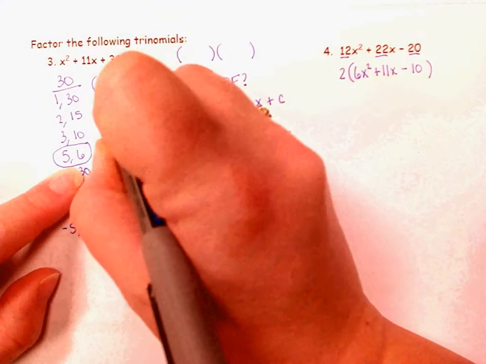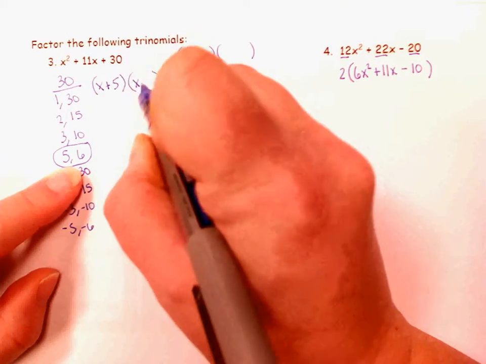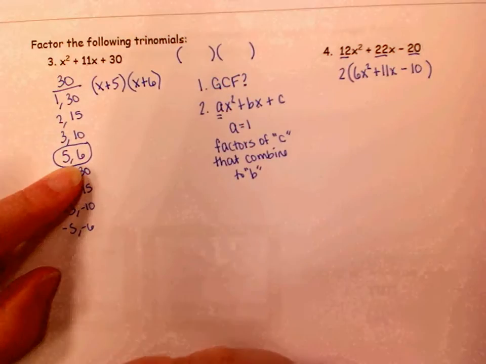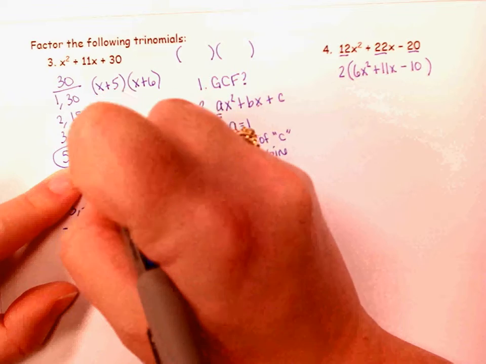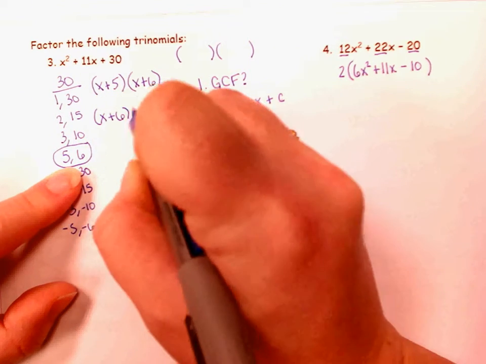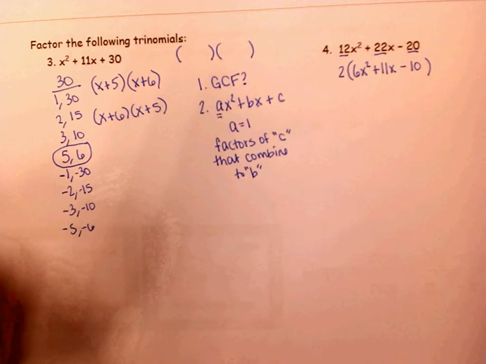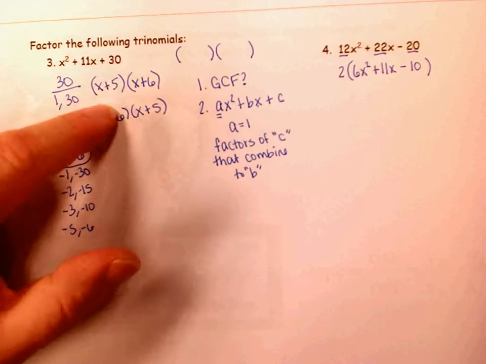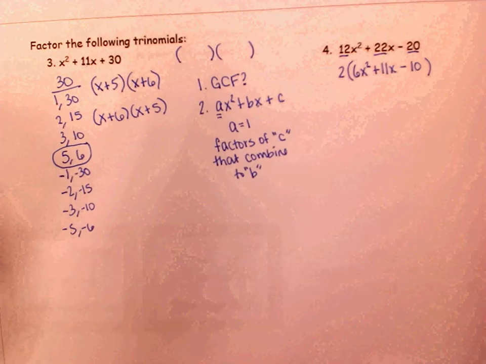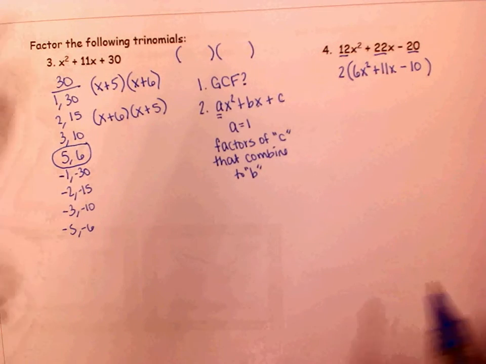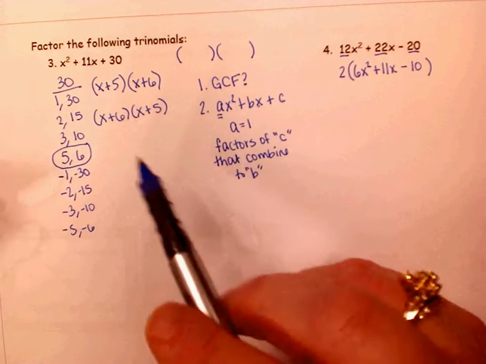And since they're positive, I'm going to put plus 5 and plus 6. Now, if you put as your answer x plus 6 times x plus 5, that's fine too, because multiplication is commutative. The order doesn't matter, so it doesn't matter which one of those binomials goes first. Now, you can check to make sure you're correct by distributing.